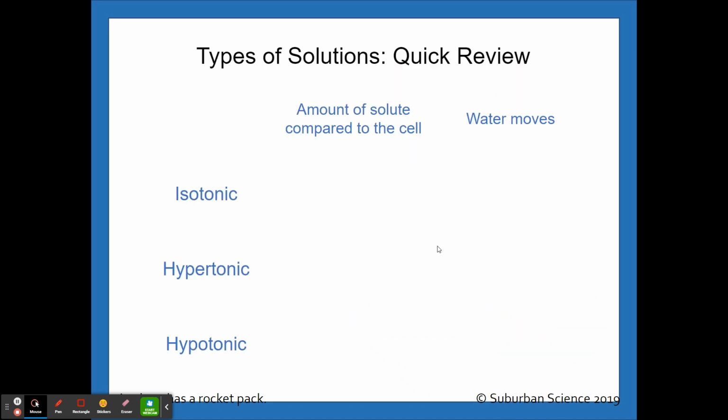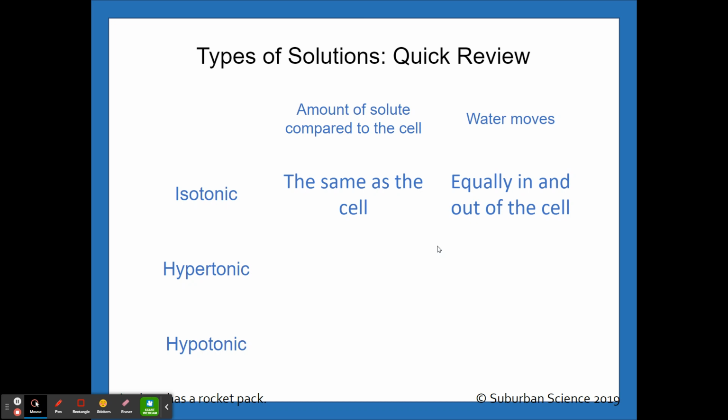Okay, so pop quiz. In an isotonic solution, the amount of solute compared to the cell is the same as, or equal. Now, what about the amount of water? Is it the same as, lower, or higher? It's the same as, so it's equal.